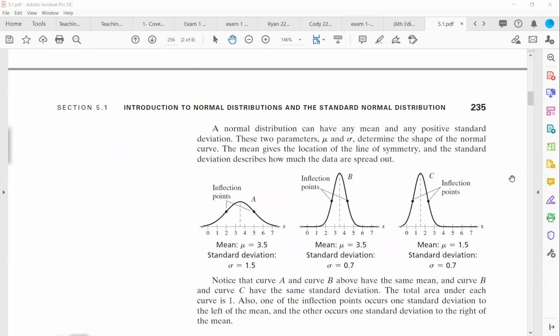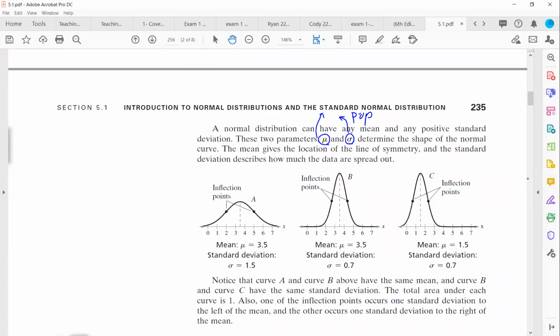Okay, let us investigate different types of graphs that are similar to a normal distribution. A normal distribution can have any mean and any positive standard deviation. These 2 parameters, mu and sigma. Guys, remember that when you're using Greek letters, it means that you are working with population parameters.